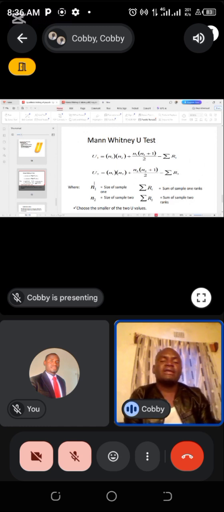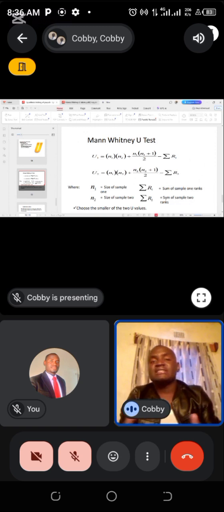N1 represents the size of sample 1 and N2 represents the size of sample 2, whereas R1 represents the sum of sample 1 ranks, and R2 represents the sum of sample 2 ranks.